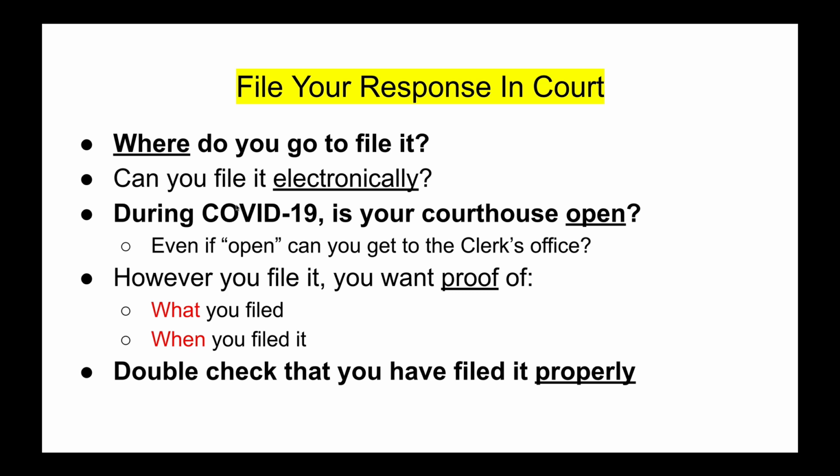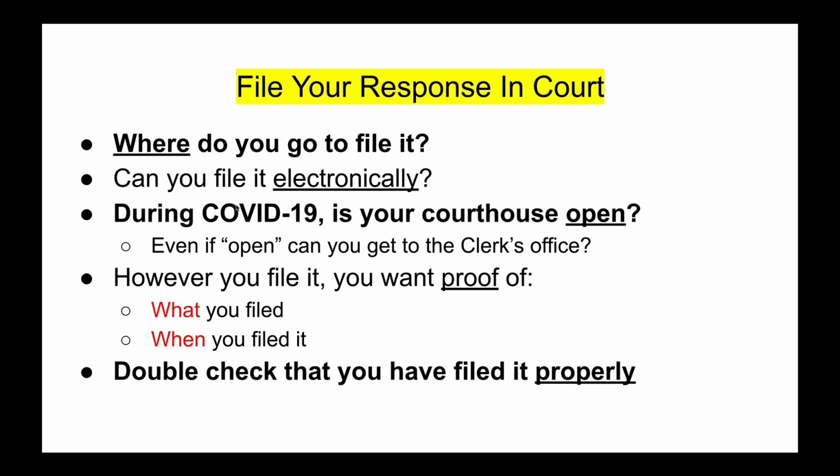So here's the normal way. Again, COVID's kind of altered this some. But normally you would walk into the clerk's office and say, here's my answer. And if I was doing it, I would take in the complaint and the answer so you can show it. And look, if this is true, you say, look, I've never done this before. Am I in the right place to file this? They look at the complaint, look at your answer. They go, yep. And you say, okay, here it is.